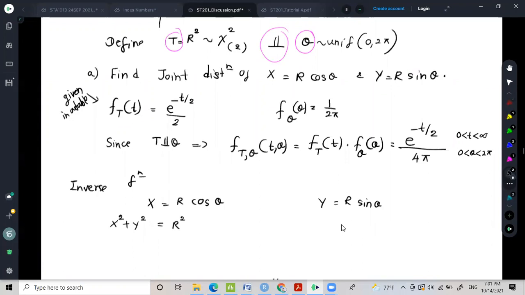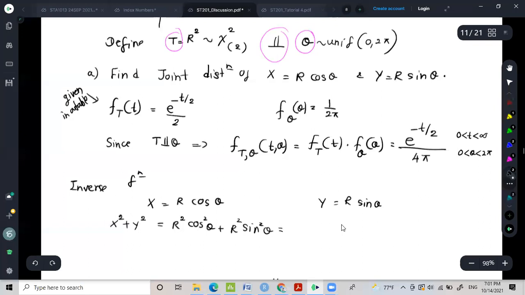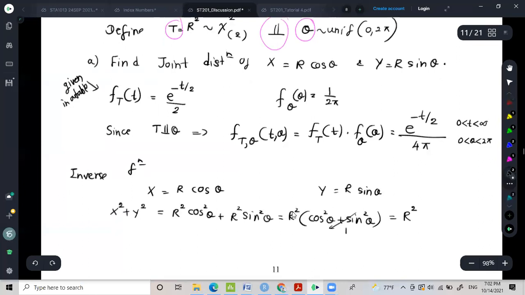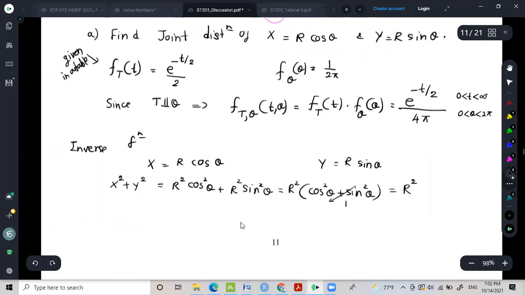So that's what we are going to use here. We know X squared is R square cos square theta, Y squared is R square sine square theta. So we get R square times this, and from trig identities we know this is 1. So x square plus y square is r square. So you have one identity relating x, y, and r.